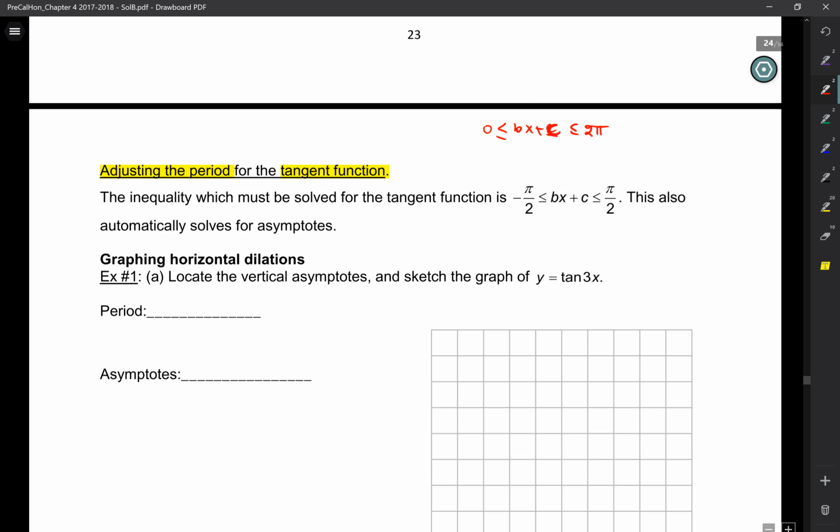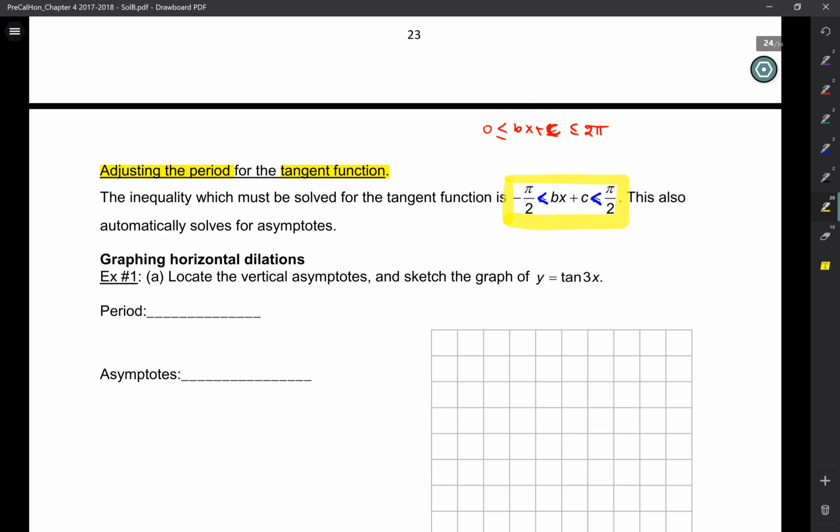Well, in this case, the bx plus c has to go between negative pi over 2 and pi over 2, with the exception that here it's just a less than, not a less than or equal to. So that's what we have to solve, and that pretty much gives us our beginning and our end, and then our asymptotes.